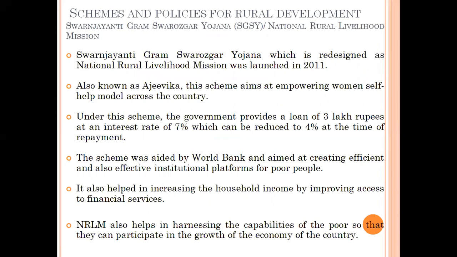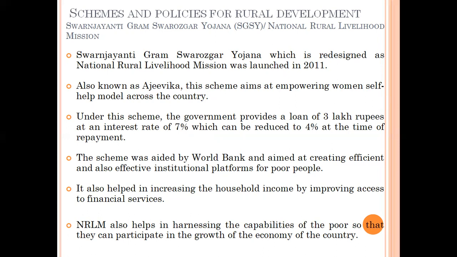Next, Swarnjayanti Gram Swarozgar Yojana, and its another name is National Rural Livelihood Mission. So this scheme, another name is Deen Dayal Antyodaya Yojana also, it comes under that only. So the initial scheme Swarna Jayanti Gram Swarozgar Yojana was launched in 1999 and it was renamed as National Rural Livelihood Mission in 2011.